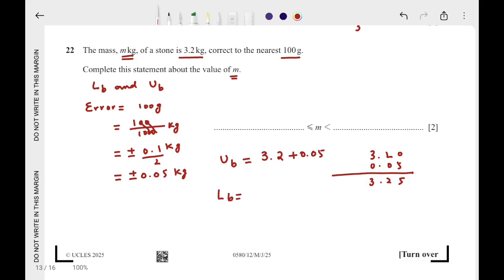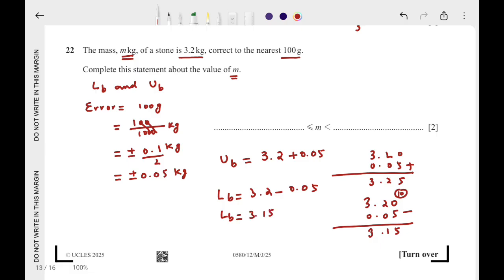So it will be 3.2 minus 0.05. So we'll subtract it. 3.20 minus 0.05, we'll take one carry. It will be 5, and 1, 3.15 will be the lower bound.